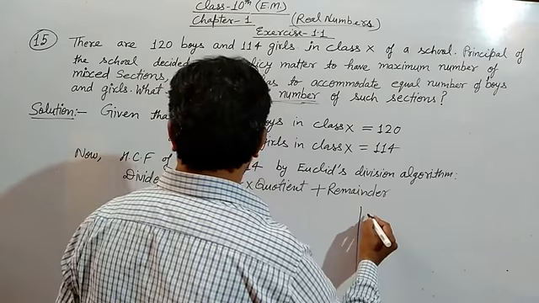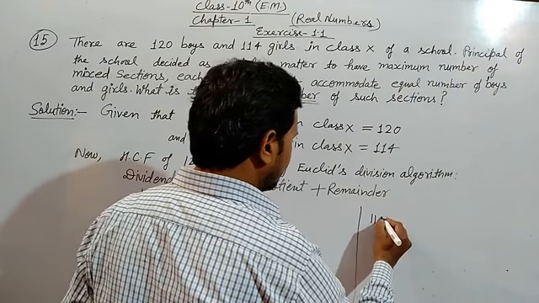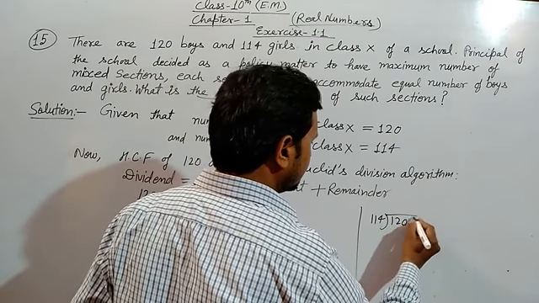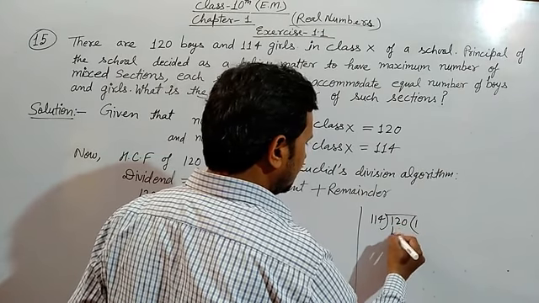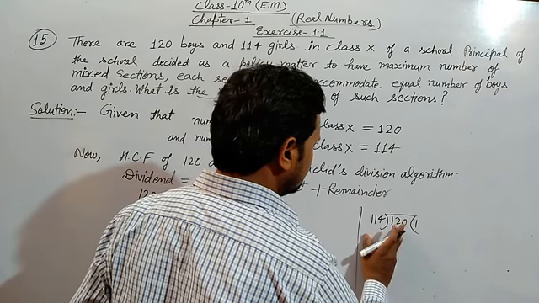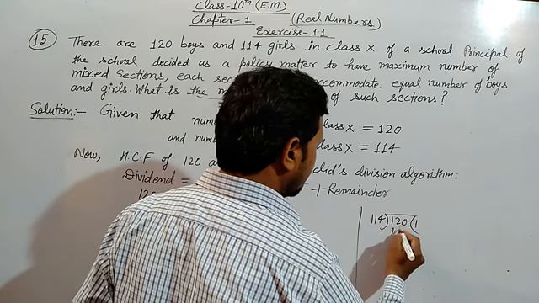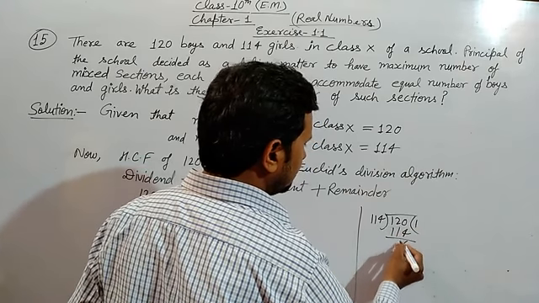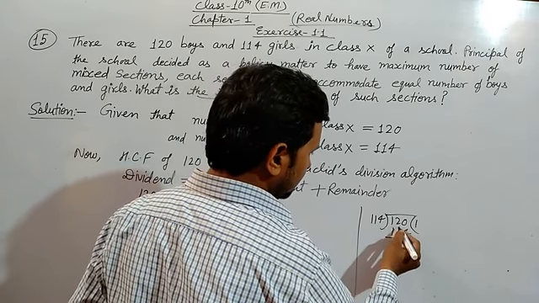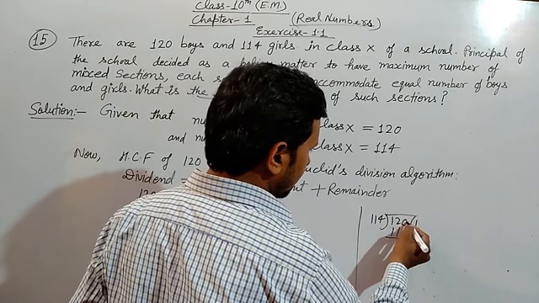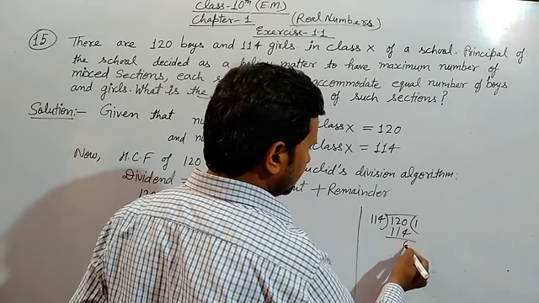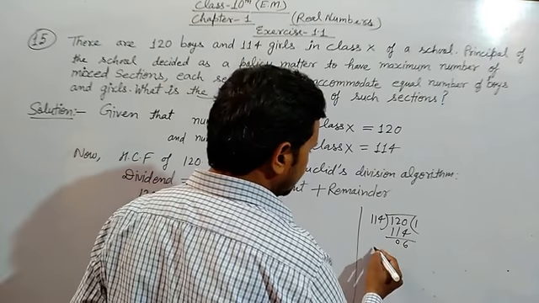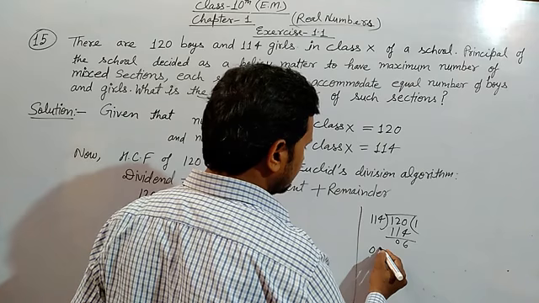We can solve here. 114 and here dividend is 120. 114 1 is 114. Now 10 minus 4 is 6. 2 minus 1, 2 is here carry. 10 minus 4 is 6. 1 minus 1 is 0 and 0, means we get here 6 as remainder.